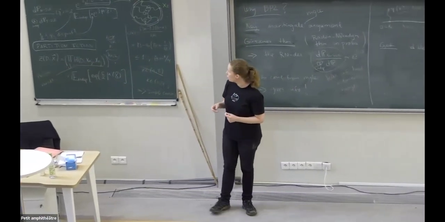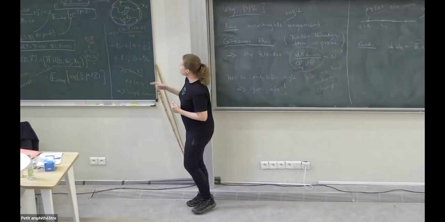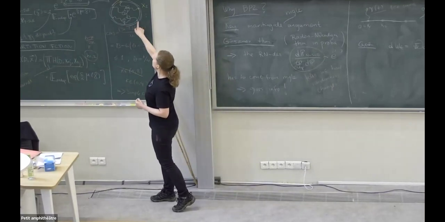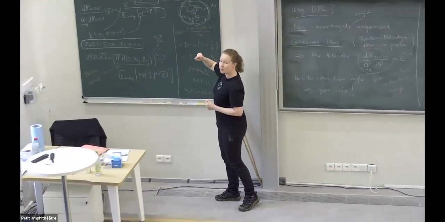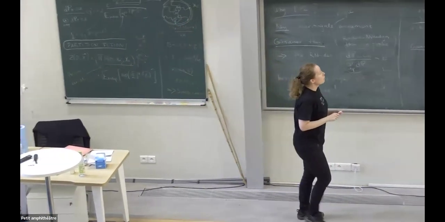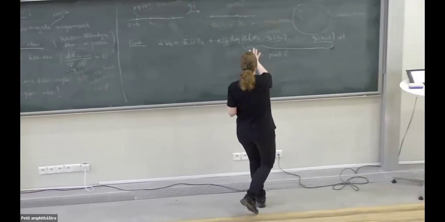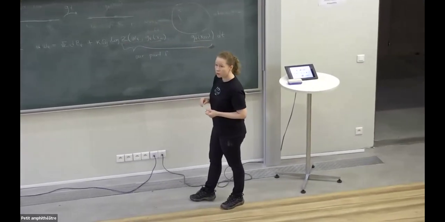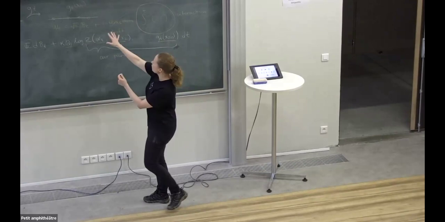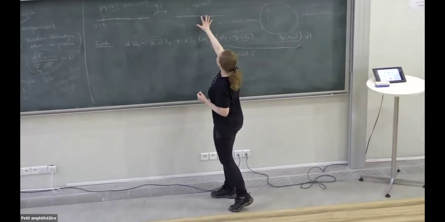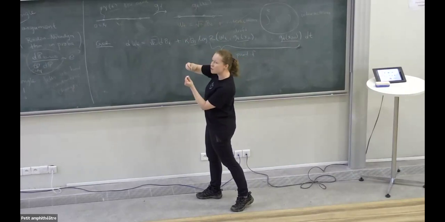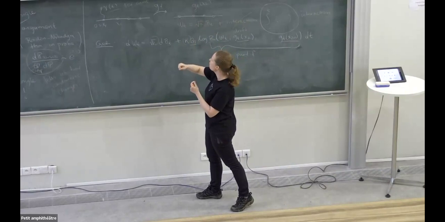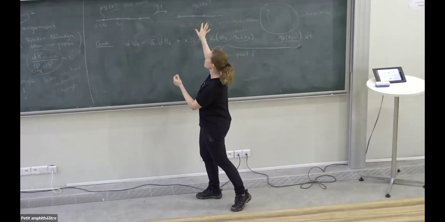But all I want to understand for the BPZ equation is how it evolves when I move these points, because the BPZ equation is about those insertions. So now I just investigate that one, okay? You can even think about how the BPZ equation tells you about evolution of, if you move the insertion a little bit, something like that. So here they are kind of moving, it's some particle system.